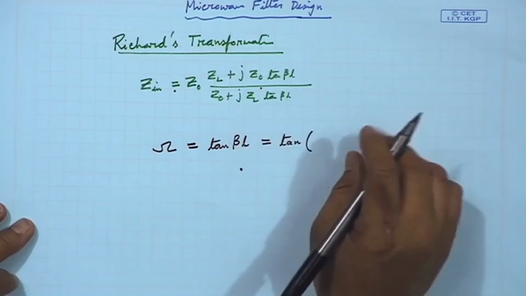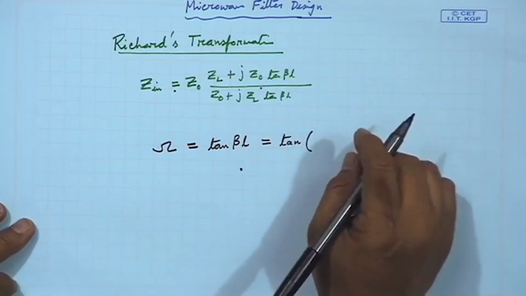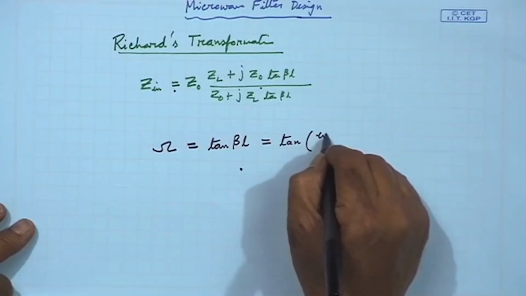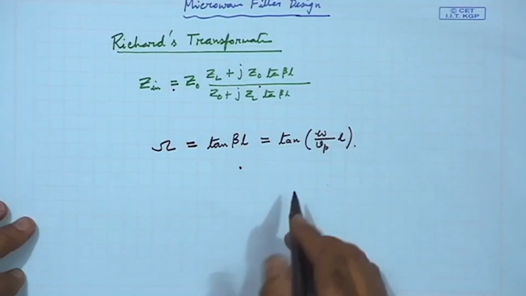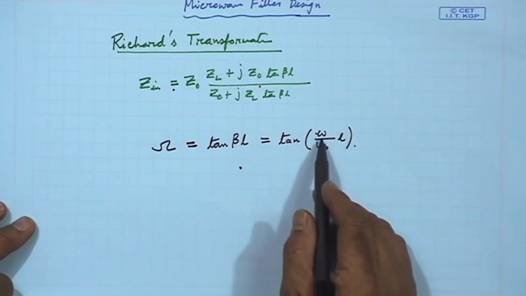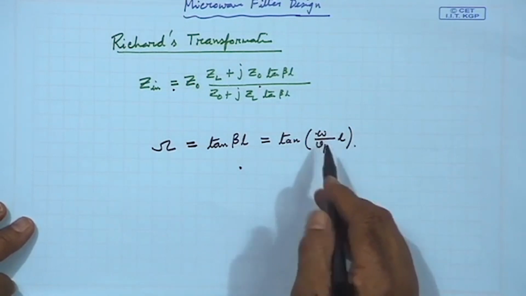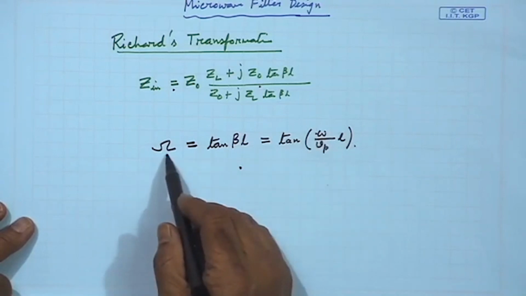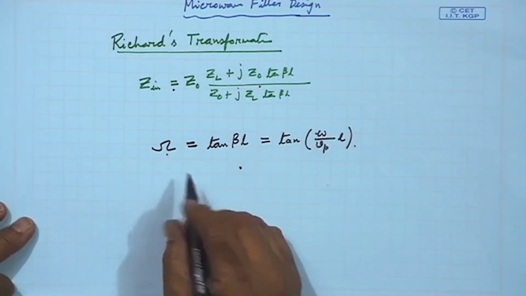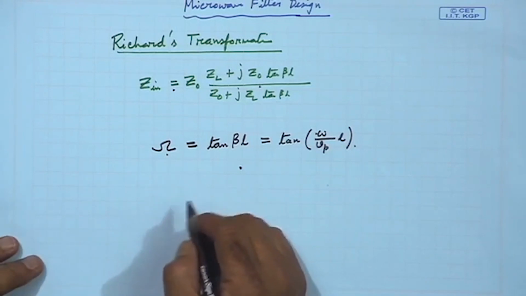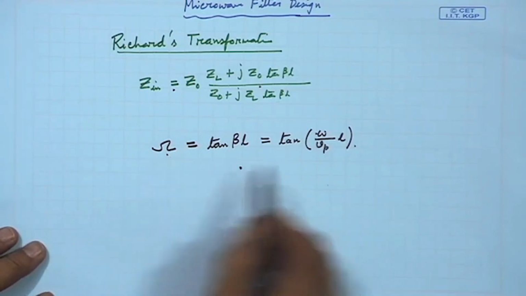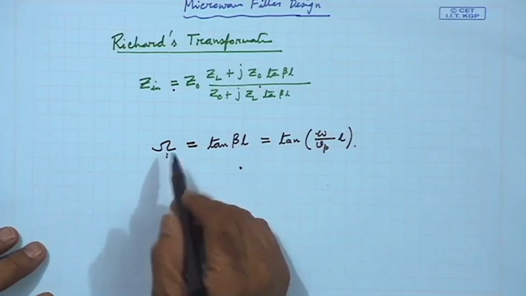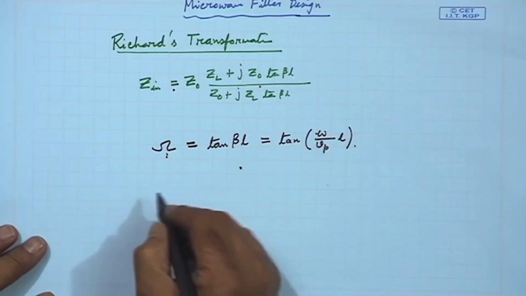In a distributed transmission line, the wave propagates by TEM mode, and in TEM mode this beta can be written as omega by Vp. So, by this we are transforming the omega plane to this capital gamma plane. We now assume that in the new plane this gamma is the angular frequency.